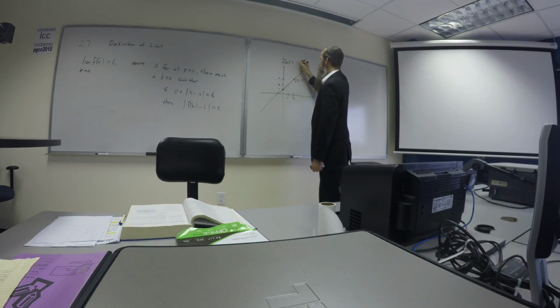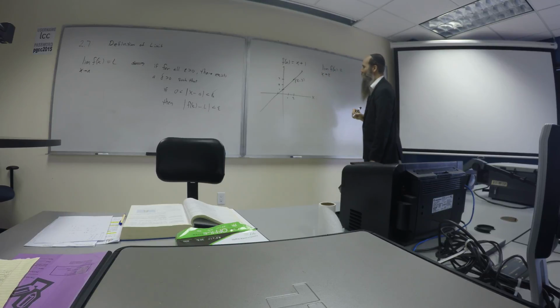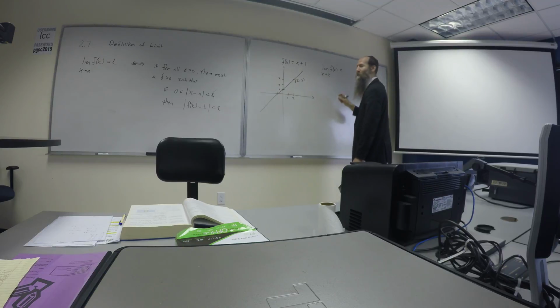Limit of f of x as x approaches 2. What is the answer? 3. The answer is 3. Continuous function, right? 3, its own function value.